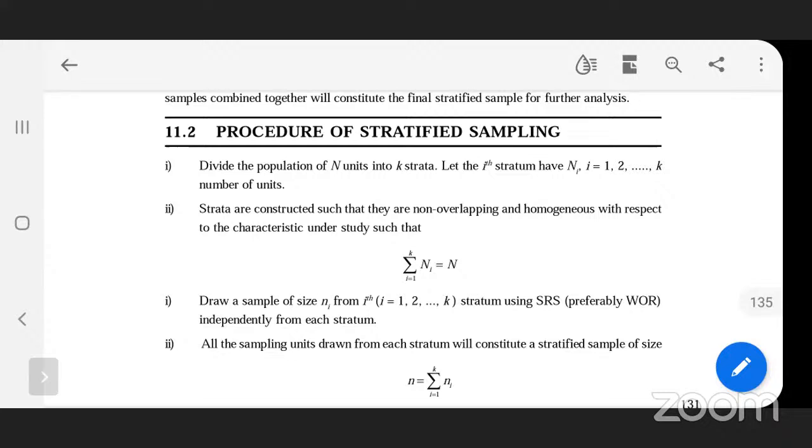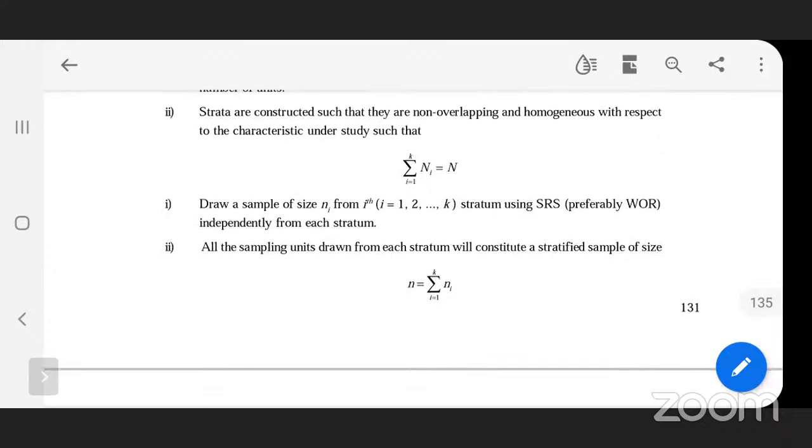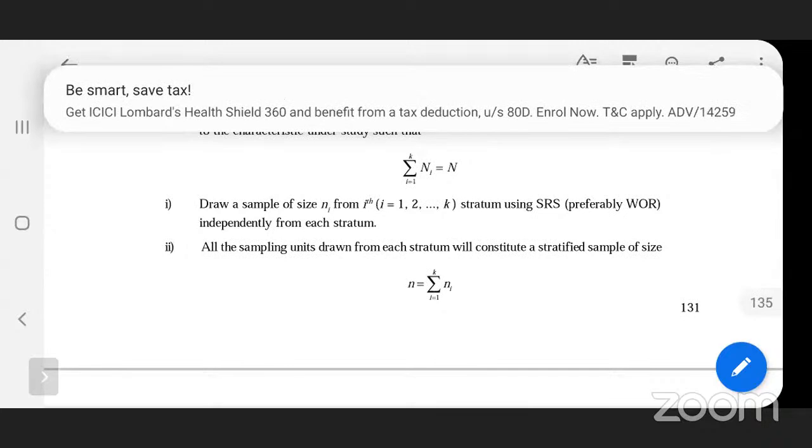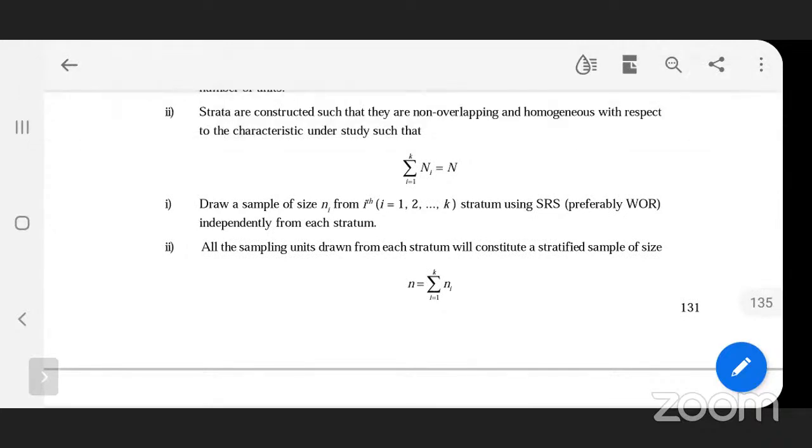The strata are constructed such that they are non-overlapping and homogeneous with respect to the characteristics under study, such that the summation of Ni, i equal to 1 to K, equals capital N. Draw a sample of size ni from the ith stratum, i equal to 1 to K, using SRS, preferably SRSWR, independently from each stratum.